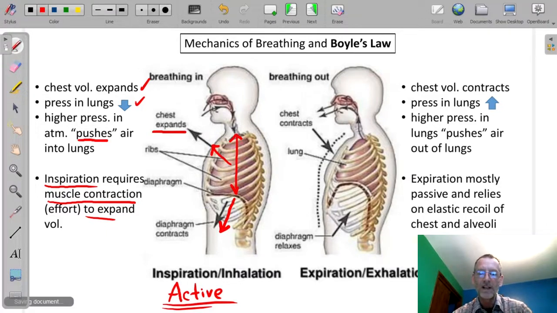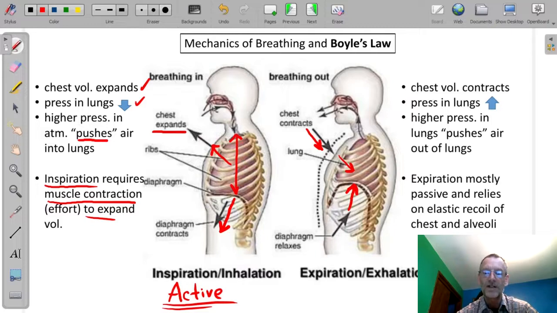The other side of the figure, expiration, is just the opposite. The chest volume contracts. Elastic recoil of the cartilage, the ribs, gravity, etc., causes the rib cage to collapse on itself, and the diaphragm relaxes and moves superiorly, and that reduces the volume in the lungs.